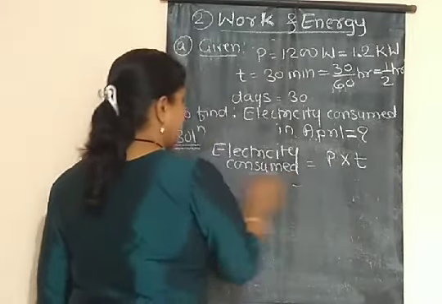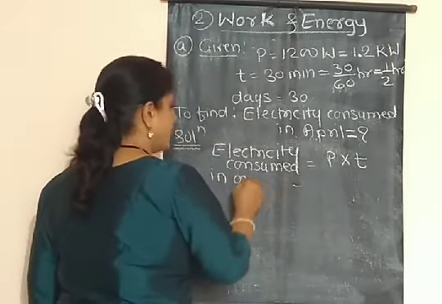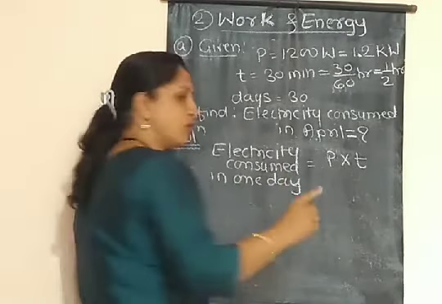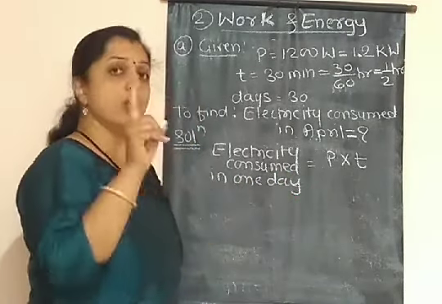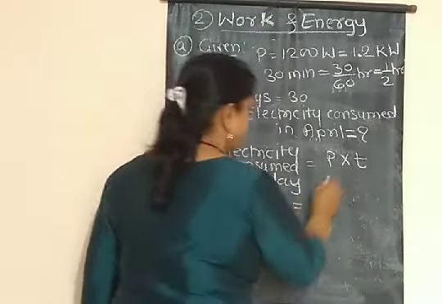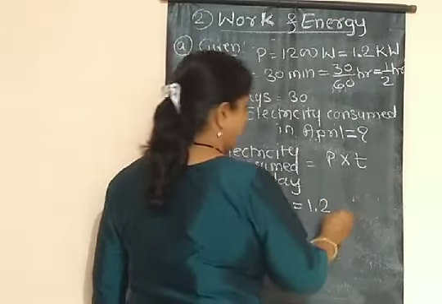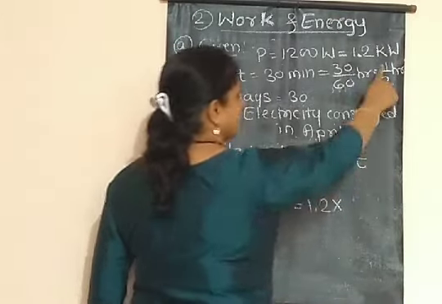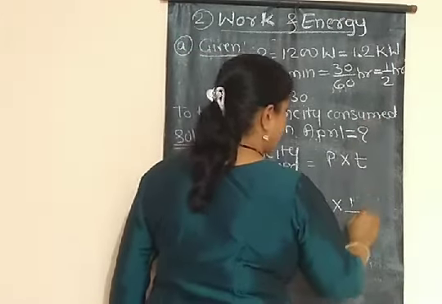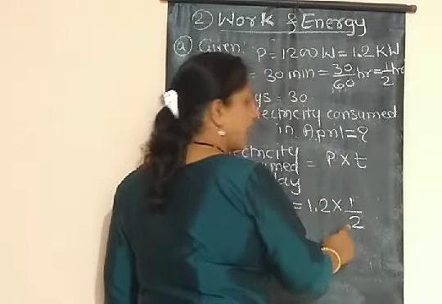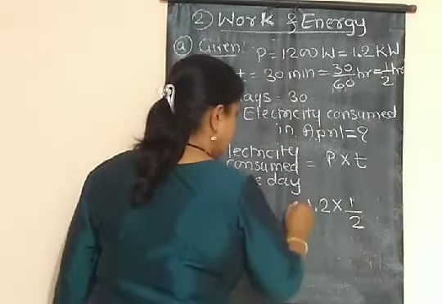First we have to find the electricity consumed in 1 day. So substitute the values. The power is 1.2 kilowatt multiplied by half hour. So 1.2 multiplied by half hour. How much is it equal to?